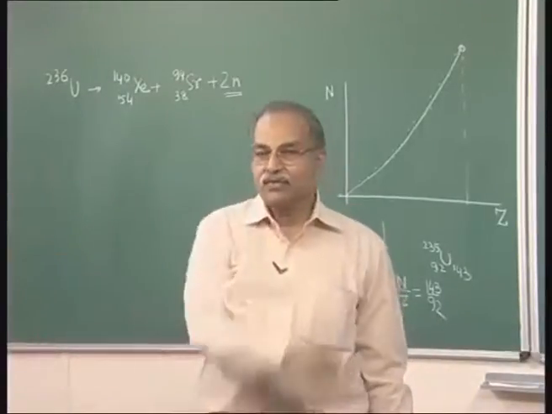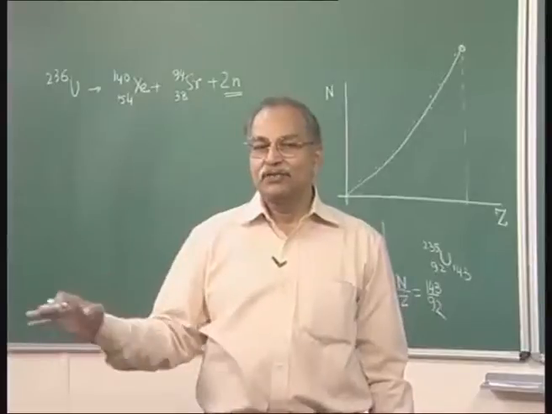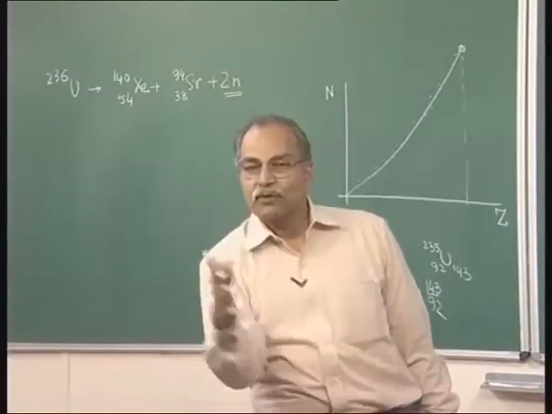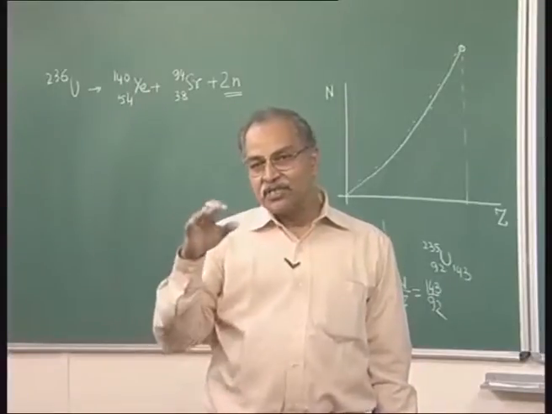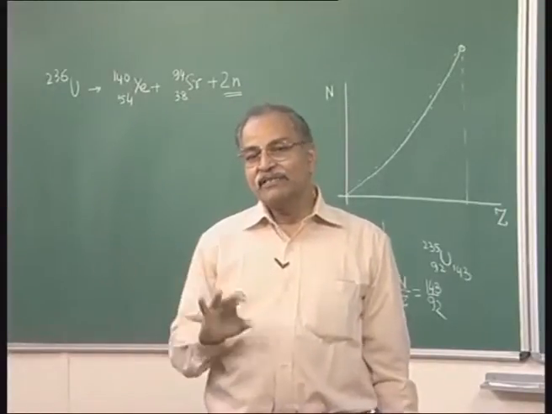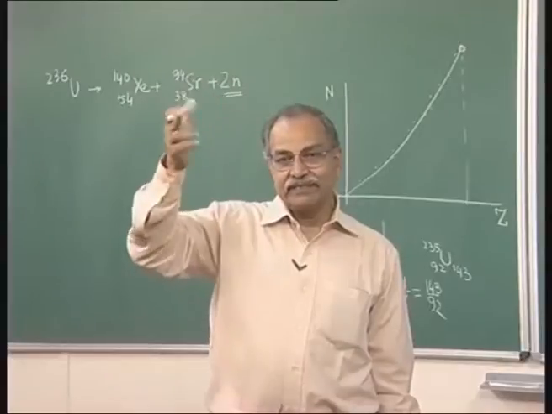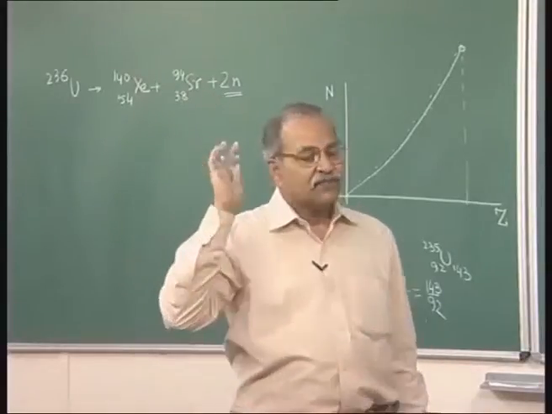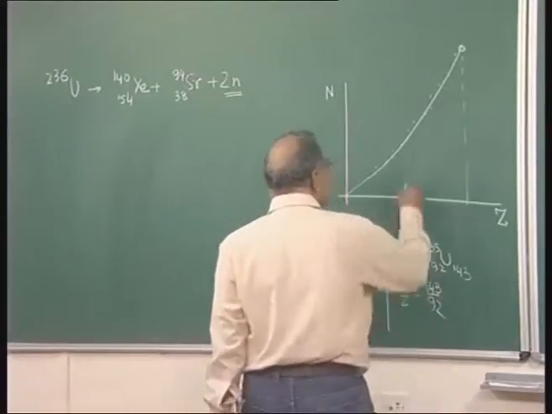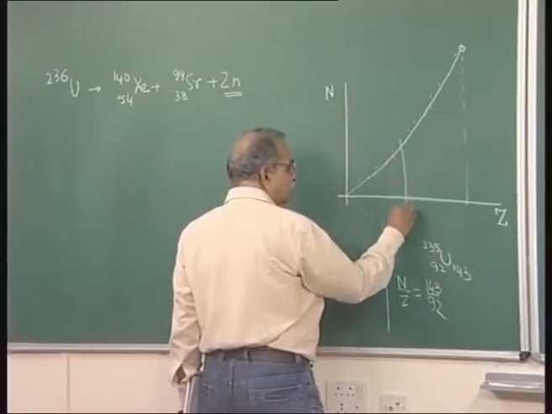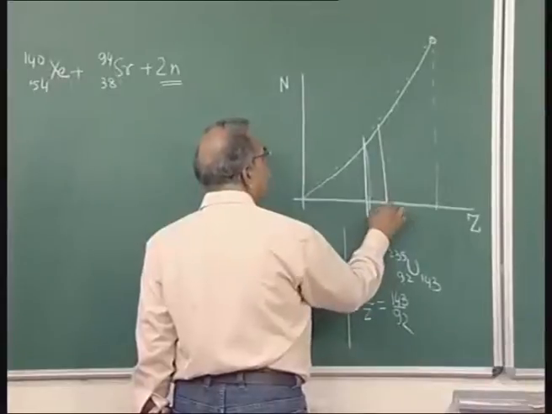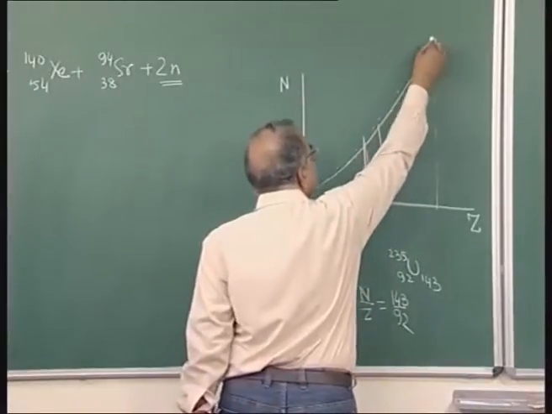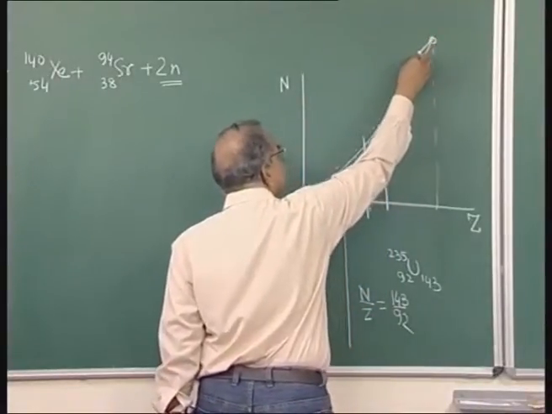Initially it is all uniformly distributed neutrons and protons, and then you take one portion here and one portion there. So in each portion, the ratio N by Z will remain the same as in the original nucleus. That means when it splits into these two parts close to A by 2, the ratio N by Z remains the same.